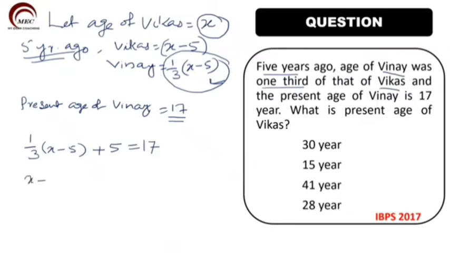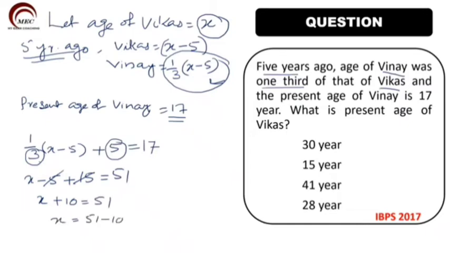(X minus 5)/3 plus 5, taking 3 as the LCM, it becomes 3 into 5, 15, is equal to 3 into 17, 51. So X minus 5 plus 15 gives X plus 10, which is equal to 51. So X is equal to 51 minus 10, which is equal to 41 years.